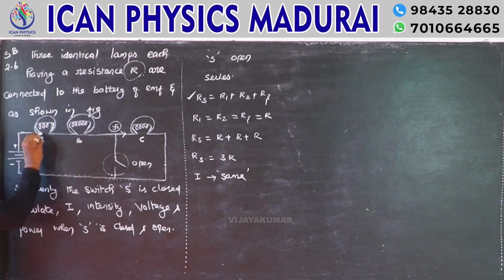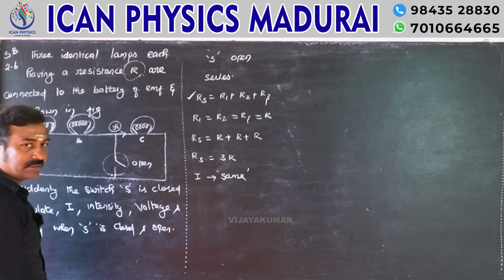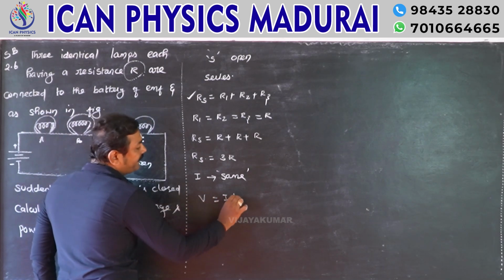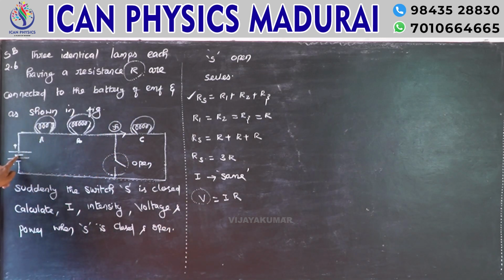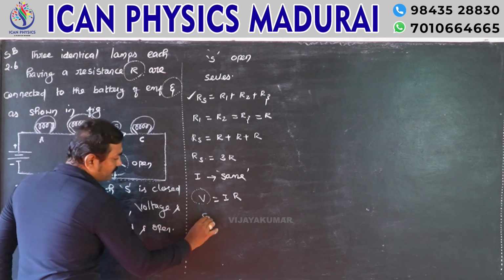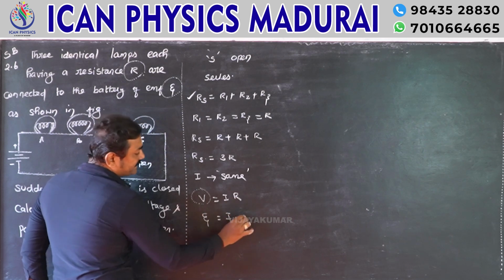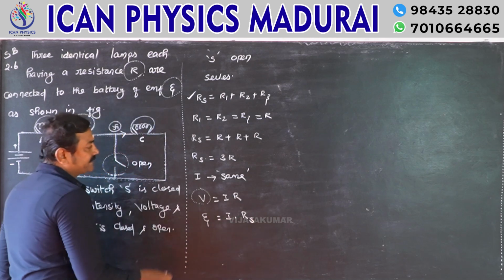Do you get it now? Do you have any doubt? No doubt. So V equal to I into R. Here V is given as psi, the EMF. So psi equal to I into the resistance, which in series is Rs.